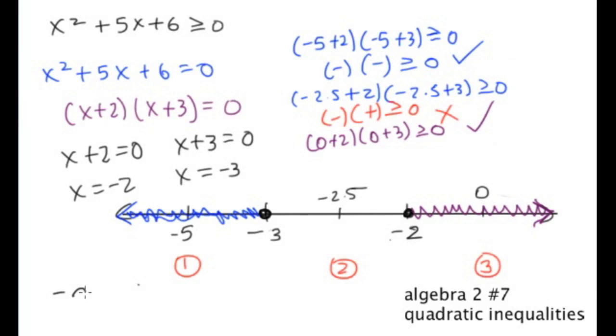I guess we can write negative infinity, comma, negative 3, and then a bracket just to show that it includes it, and a union of that with negative 2, comma, positive infinity, like that.